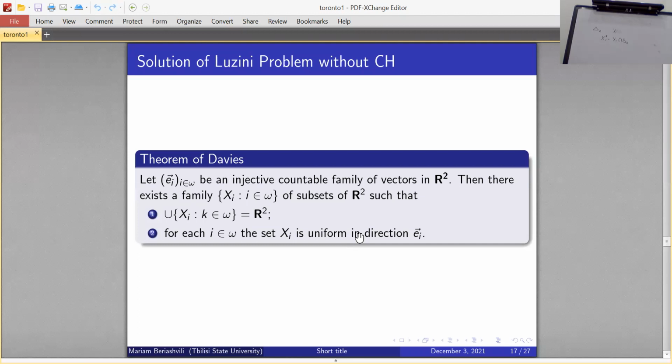Now we can define the transformations. There exist transformations g_i in the plane such that g_i of X_i star will be a subset of the Cartesian product of the open intervals, 2i and 2i plus 2.